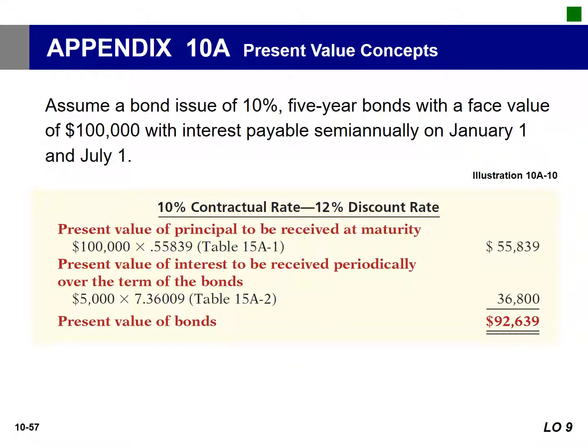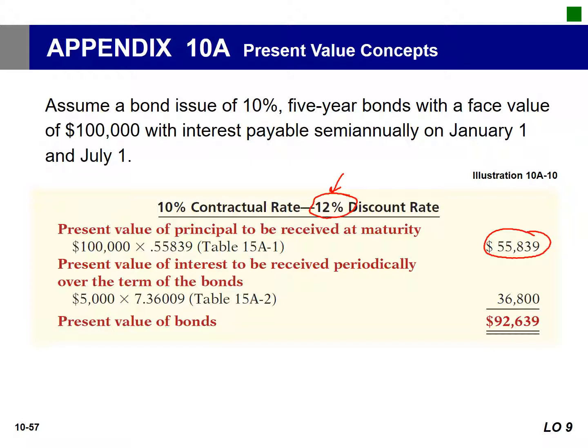Now, we've got a 10% contractual interest rate, but the market interest rate is higher, 12%. We're going to use those same two tables, the present value of one table and the present value of annuity of 1, but we're going to be using this 12% interest rate in those tables. So we calculate the present value of the principal amount, and it's $55,839.